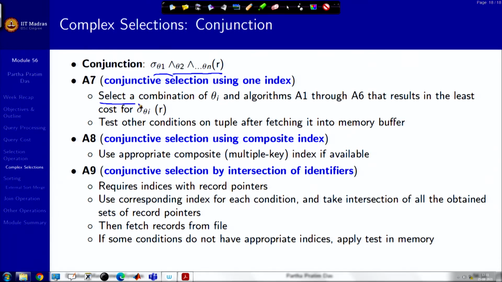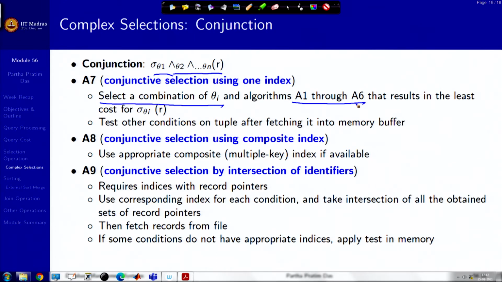So, you can select a combination of theta I and corresponding algorithms A1 to A6 that result in the best cost for this theta I, and test other conditions on the tuple, fetching it into the memory.